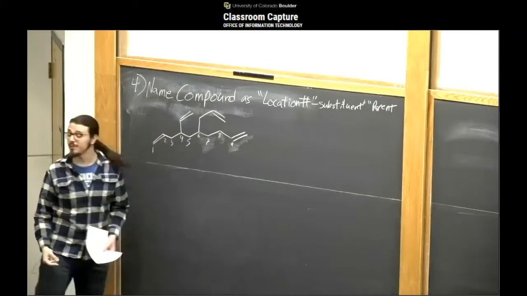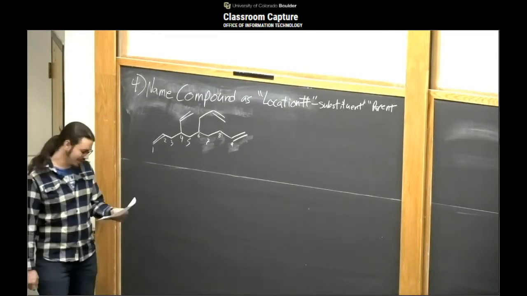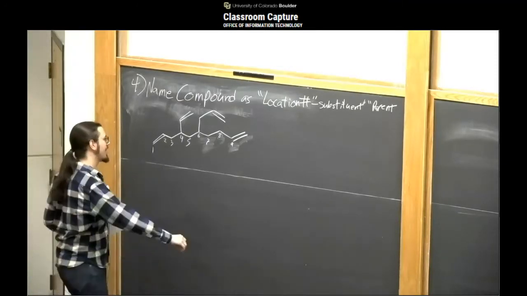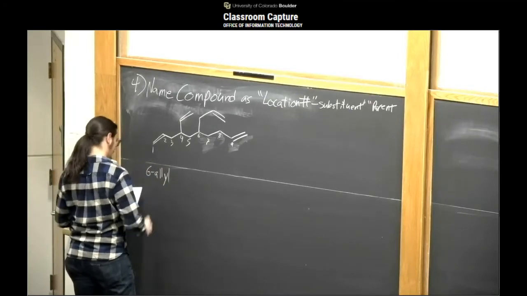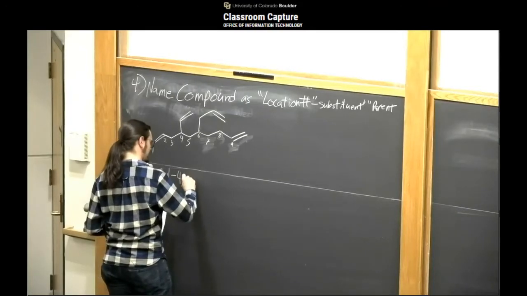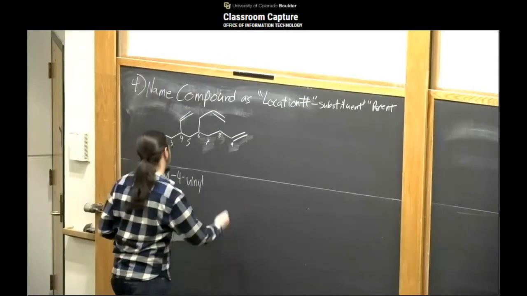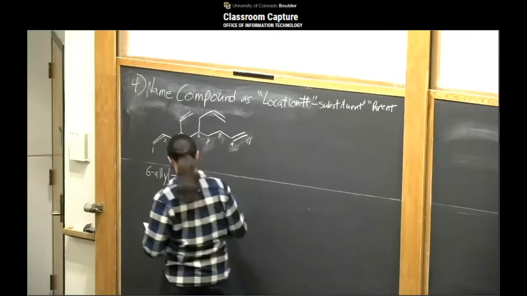We have an allyl group at carbon 6 and a vinyl group at carbon 4. So we're going to list them alphabetically as we go down the list. So we'll have 6-allyl, 4-vinyl, deca, because we have a 10 carbon long chain.